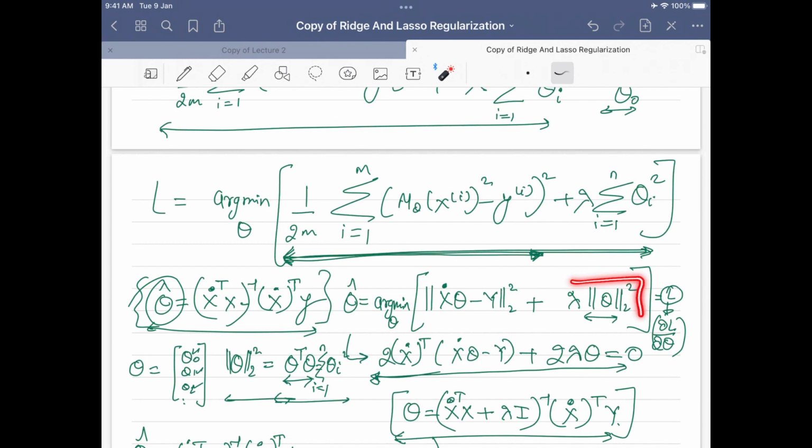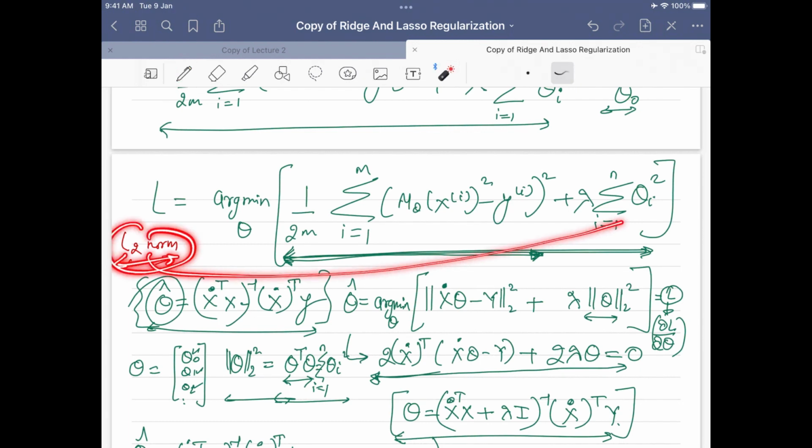This is basically called a norm, and in this particular case it is the L2 norm. I think time is nearby, so it will be difficult for me to start that new one. So maybe we will do it in the next lecture. Right now, this is the L2 norm in this particular case.